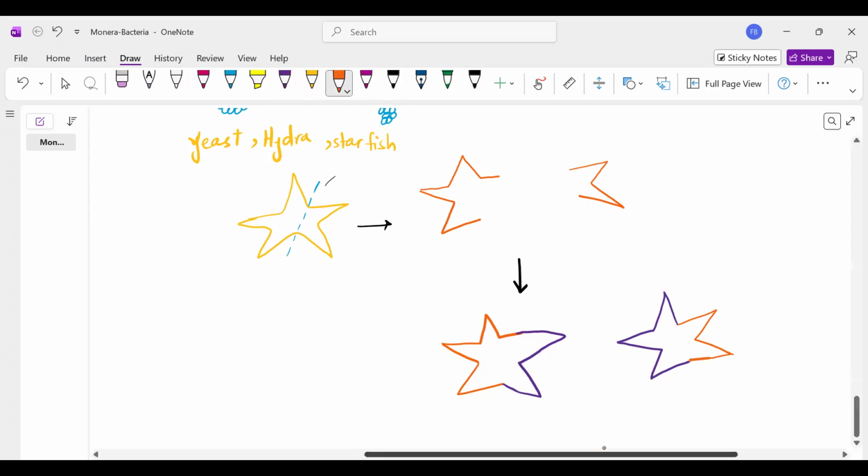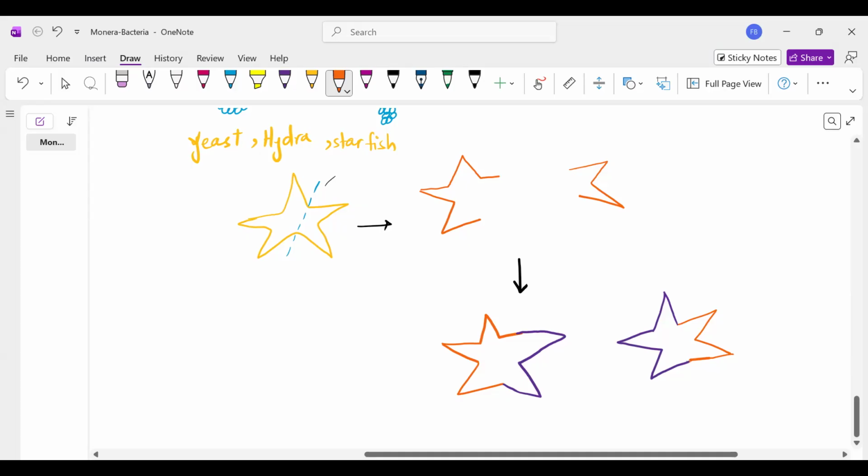Why is it asexual? Because just one parent is involved, and when it was sliced into two parts, those two parts formed new individuals.